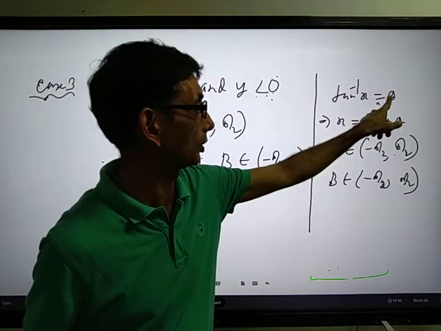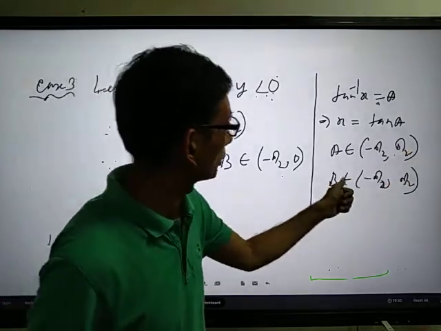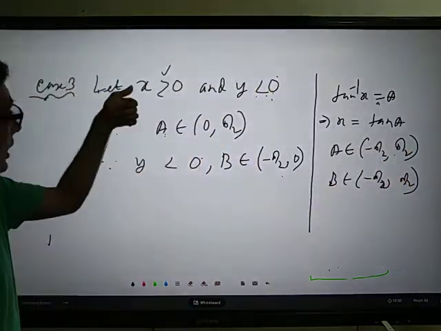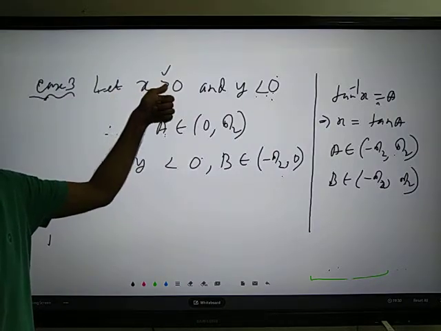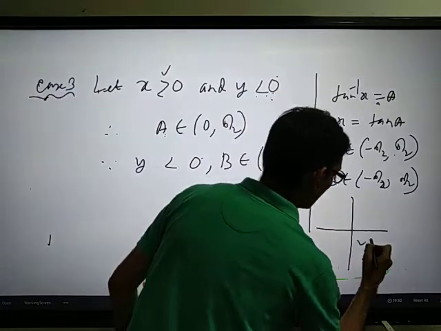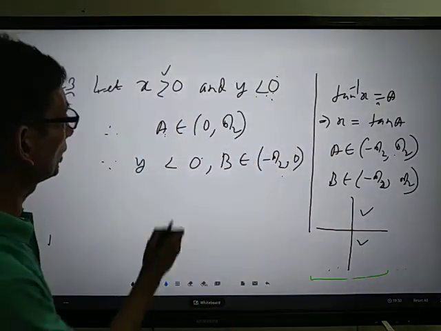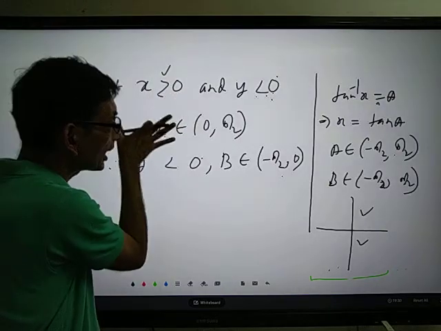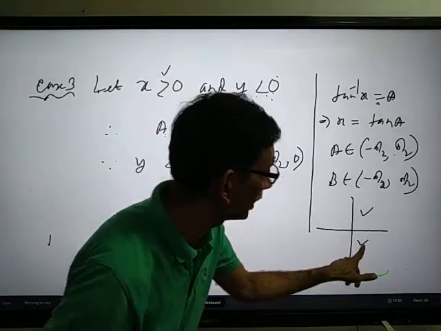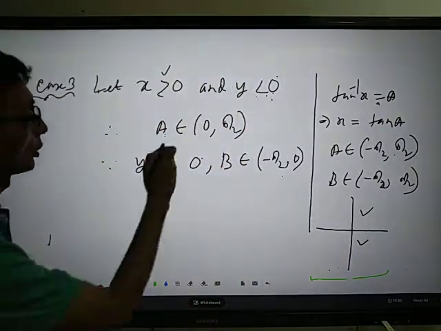Here it's given that x is greater than 0. So minus pi by 2 to pi by 2 means either the fourth quadrant or the first quadrant. Since x is greater than 0, a belongs to 0 to pi by 2. That means there is no chance that it will lie in the fourth quadrant.